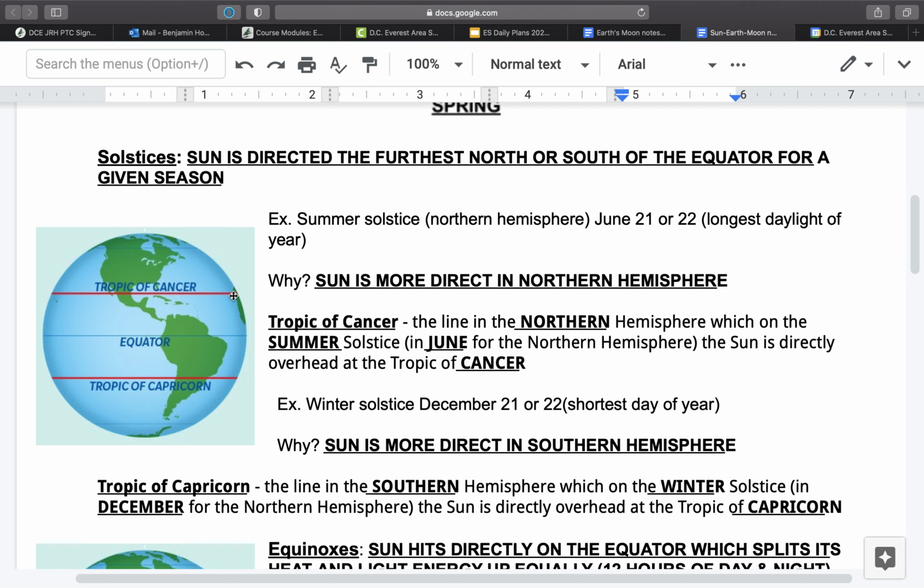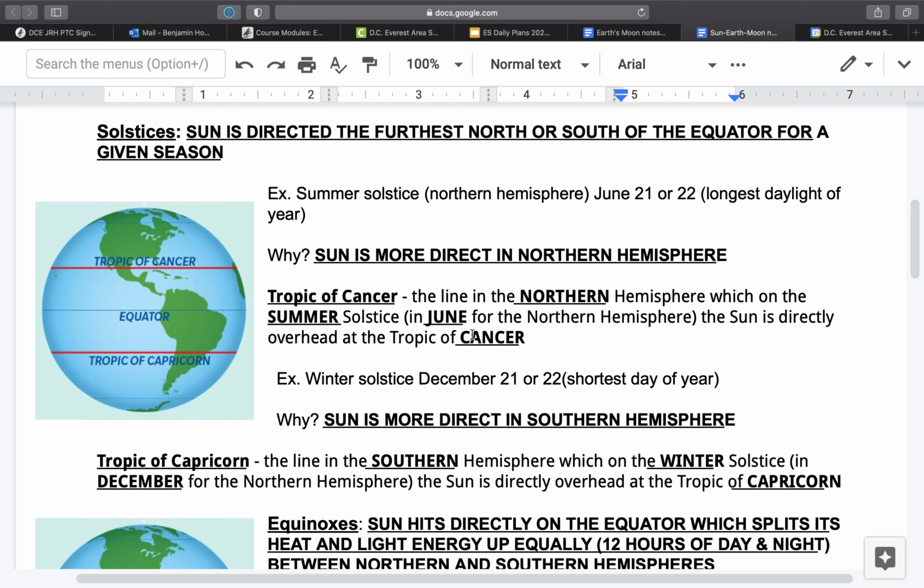Okay, straight up, 90 degrees overhead. So in the summer, we have that summer solstice on June 21. Then in winter, we go to December 21st or so.